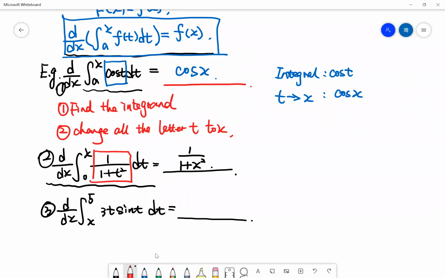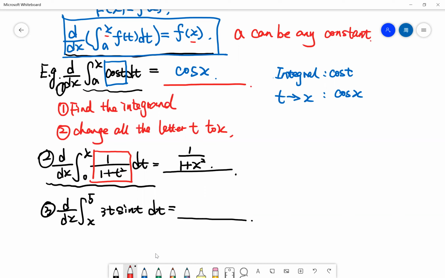The definite integral in the question is from x to 5, right? And in the formula, it is from a to x, right? And a can be any constant, but x is the variable.